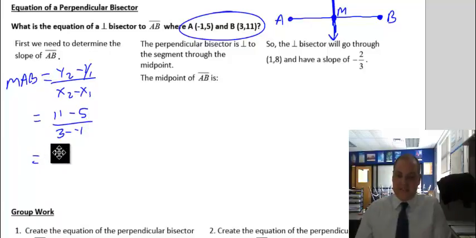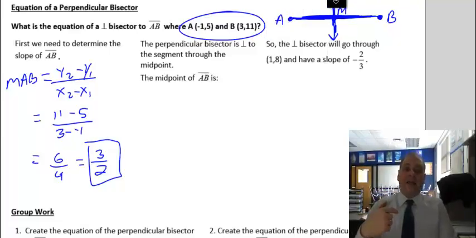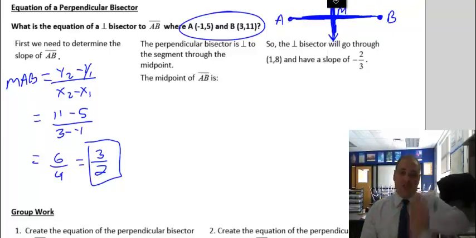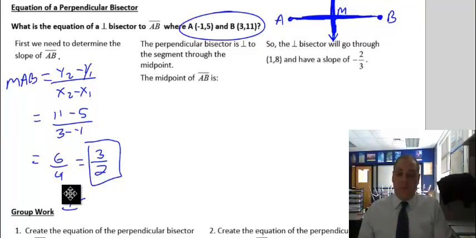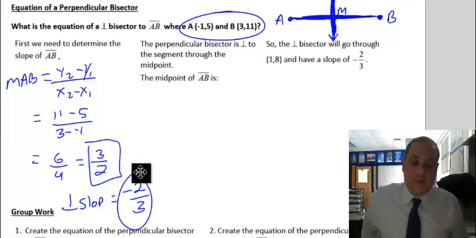That's 6 over 4, since 3 minus negative 1 is 3 plus 1, and that's 3 over 2. So I know that the slope of AB is 3 over 2. The slope of the line I'm trying to find the equation of, the perpendicular slope, is going to be negative 2 over 3.